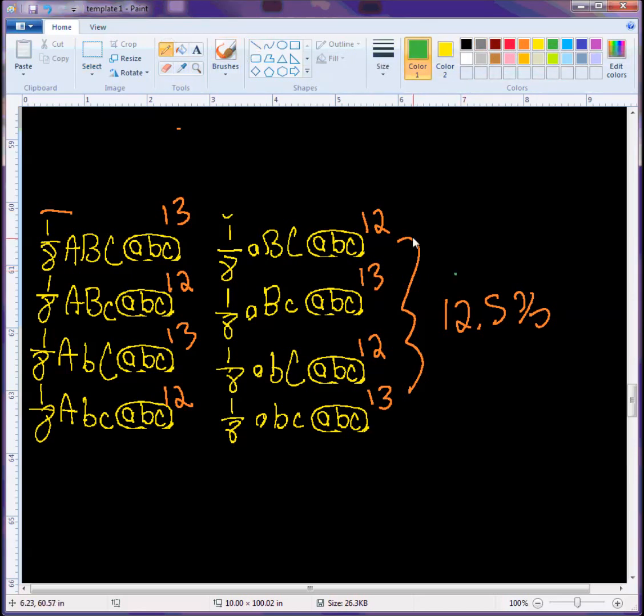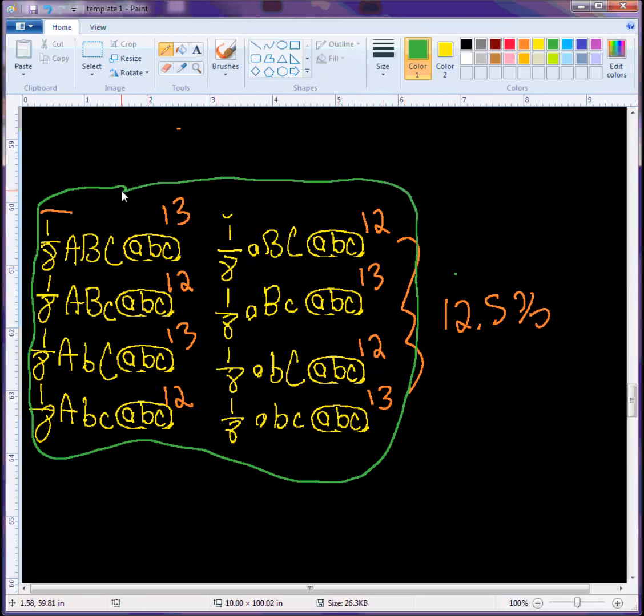Okay, so if A and B and C are genes that sort independently during meiosis, then these are the genotypes we should see from that cross of an individual who is heterozygous for all 3 crossed to an individual that is homozygous recessive for all 3. Each one should be found in about 12.5% of the progeny. Each genotype should be found in about 12.5%.